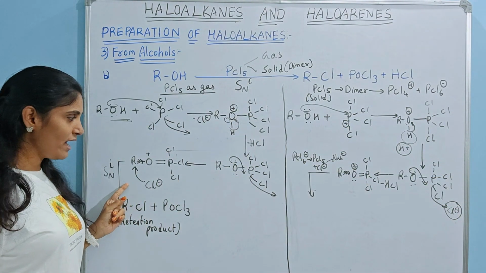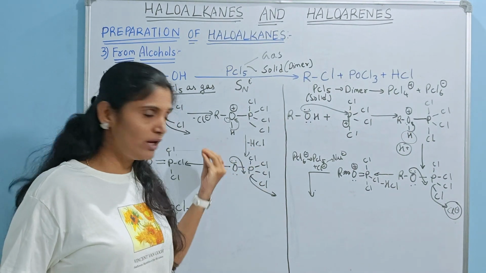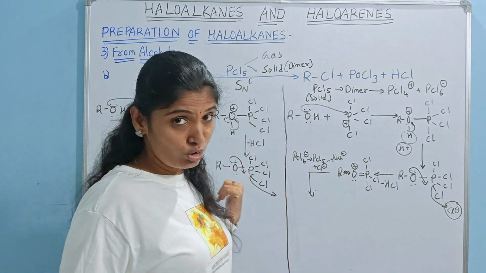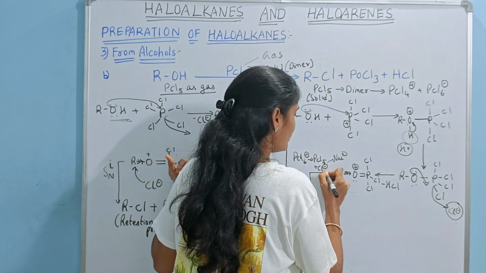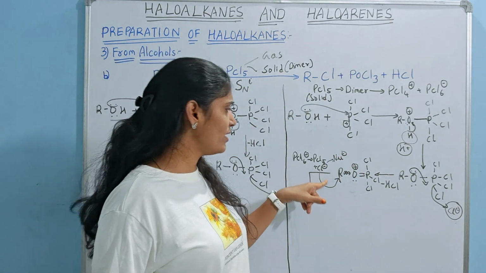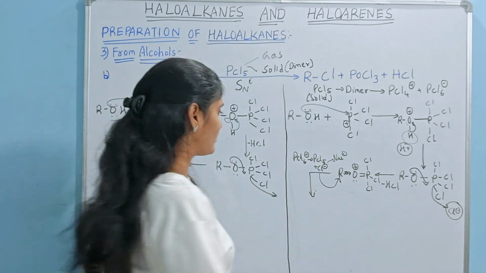If you see the mechanism earlier, it was not coming from a different source, it was happening within a molecule. So that was SNi. Because it is coming from the other source, it is no longer SNi. Now this Cl minus will attack on R from the backside.